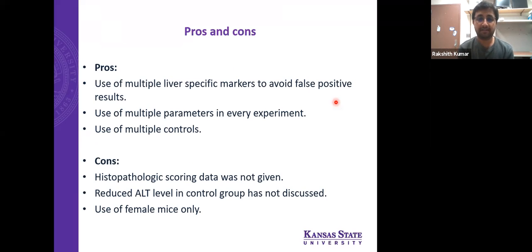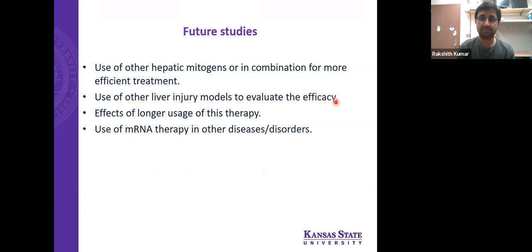The cons of this paper are that the histopathology scoring data was not given, only the pictures were given, and the reduced ALT level in the control group in study number 3 was not discussed in the article, and they used only female mice. In future studies, they can use both sexes. Also, we can use other hepatic mitogens, individually or in combination, to come up with a more efficient treatment.